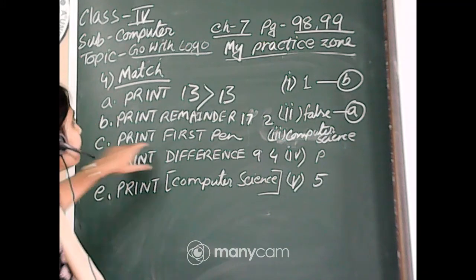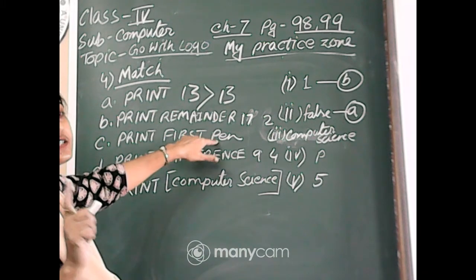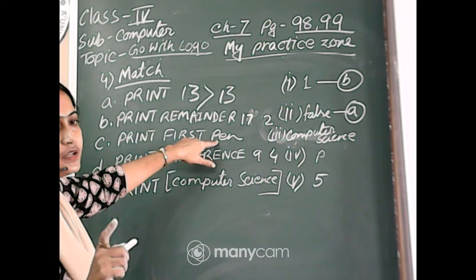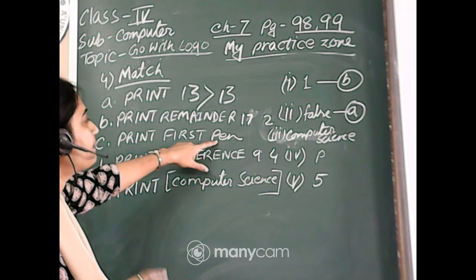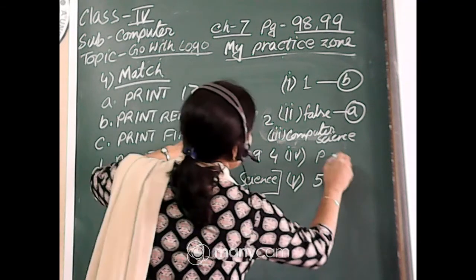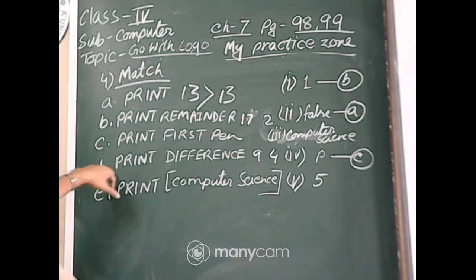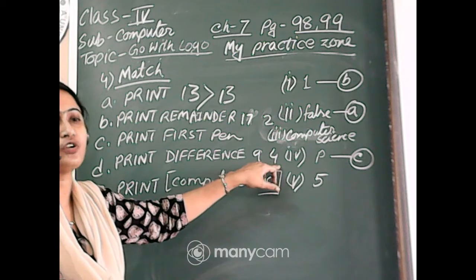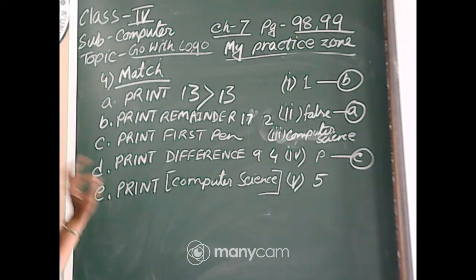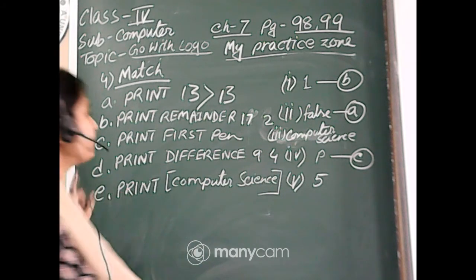Okay, print first pen: only the first letter will print here, P. So 4 C. And print difference 9 and 4: the answer will be 5, 9 minus 4 is 5.